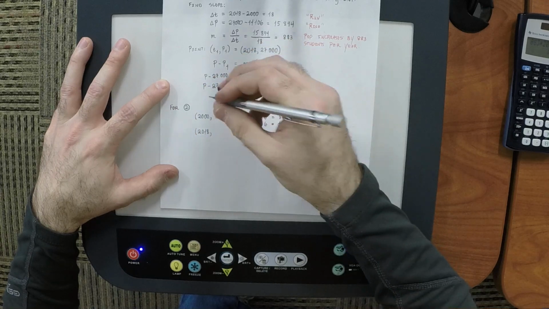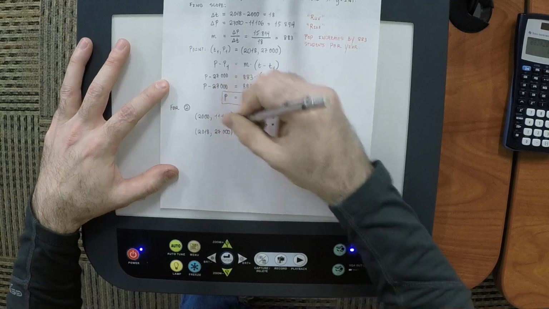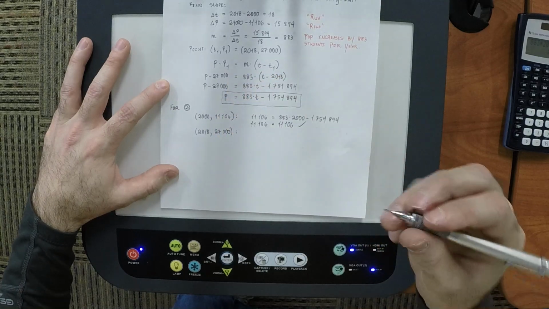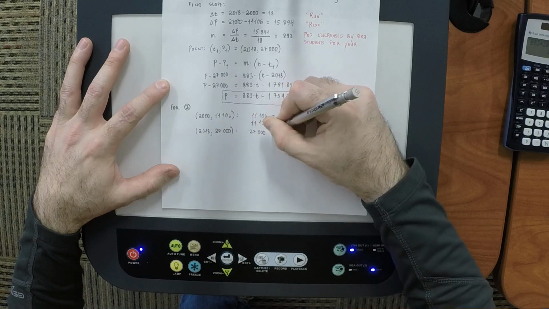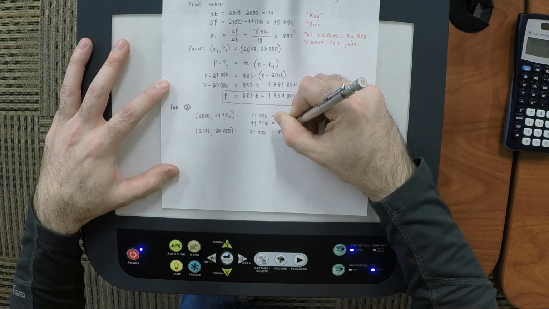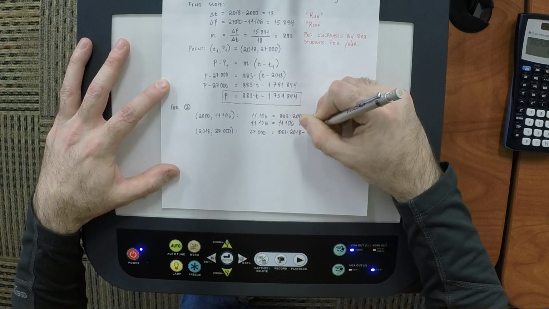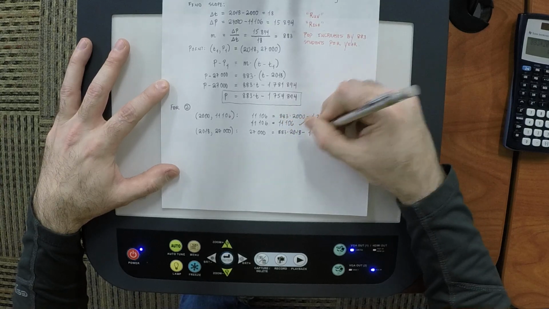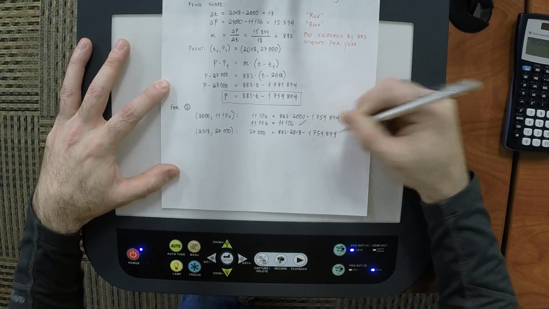So at the point 2018, 27,000. Well, now the equation is 27,000 equals 883 multiplied by 2018 subtract 1,754,894.